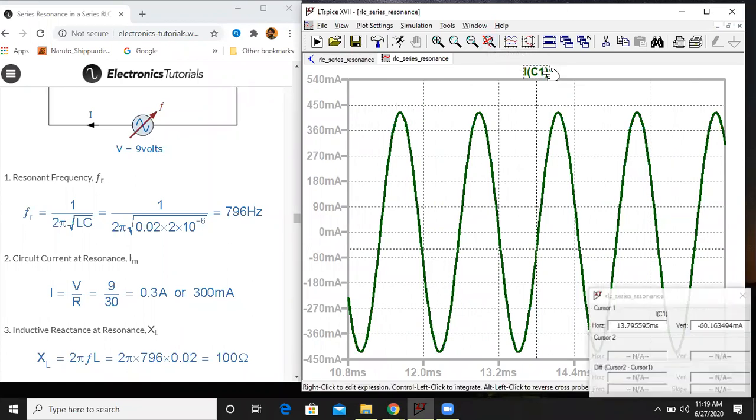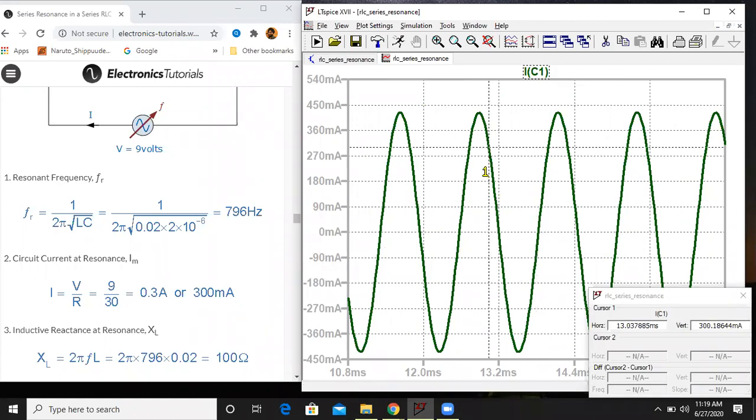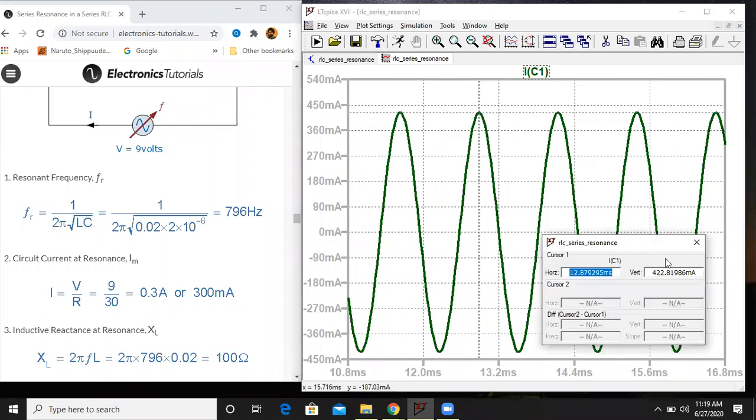Right click on this I of C1 and click on the pointer to maximum value. As you can see in the lower screen, the value of current will automatically come. That is around 422 milliamperes. Are you all getting a value nearby?